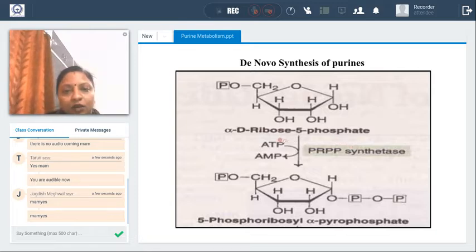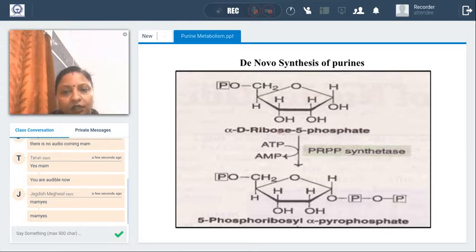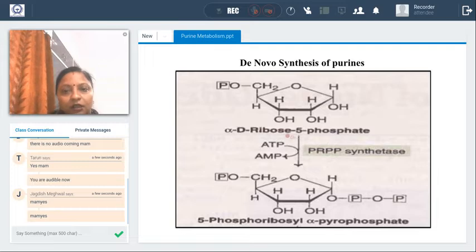The basic compound which we require is alpha D ribose 5-phosphate. What is this ribose 5-phosphate? Ribose 5-phosphate is a pentose sugar, that is a nucleotide which is a mixture of sugar and phosphate.